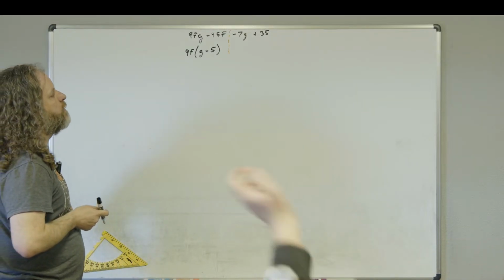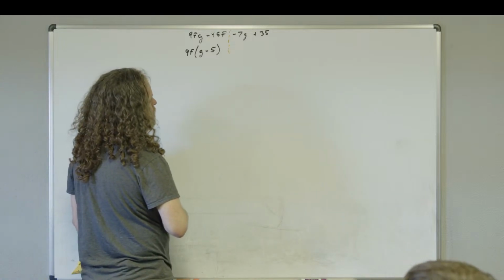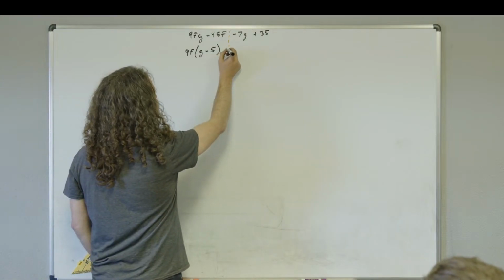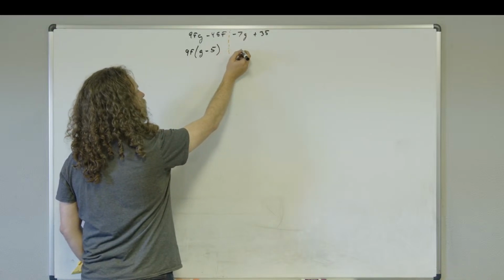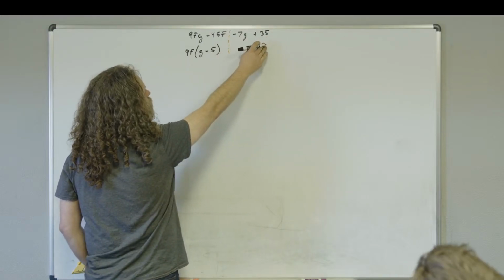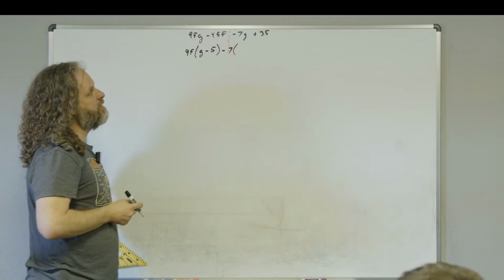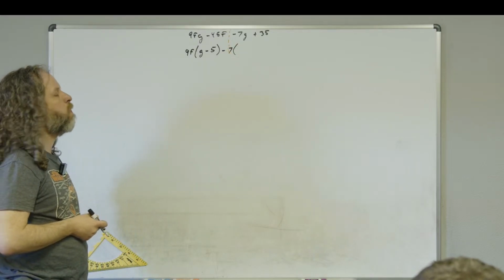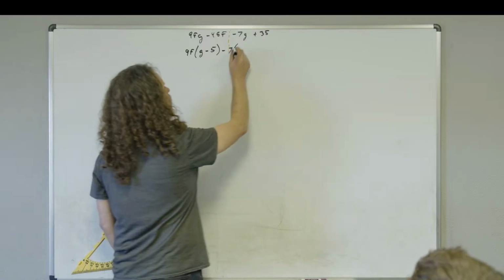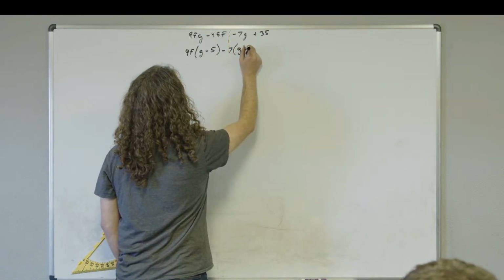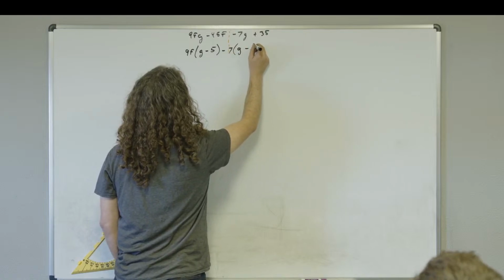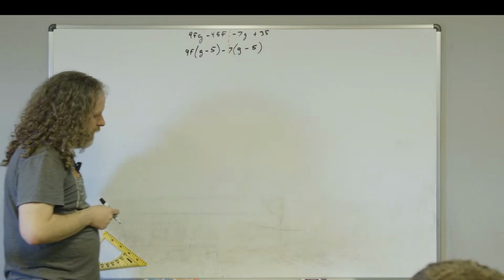Okay, what about the second one? 7G. Or negative 7G. We're not taking out a G. There's not a G in this one. So negative 7. So we take a negative 7 out of the first one. What's left? G. Minus 5. We took a negative out. Now what?